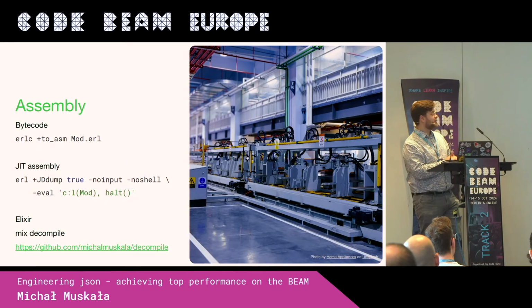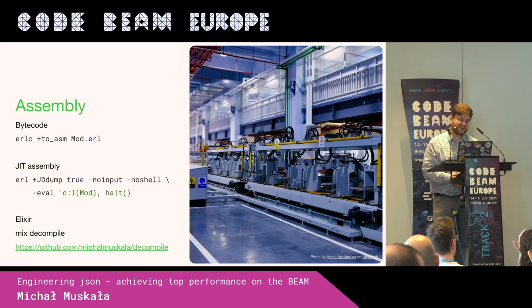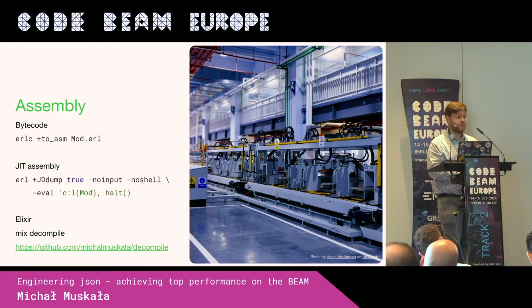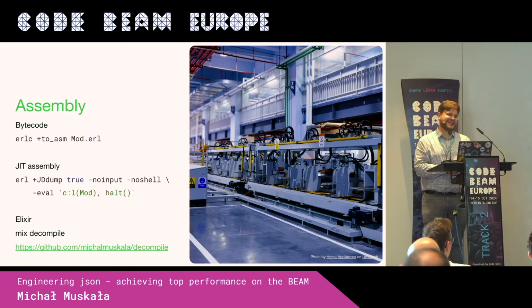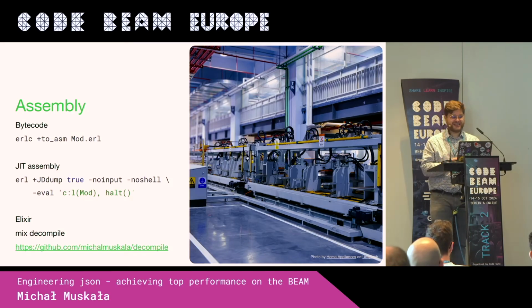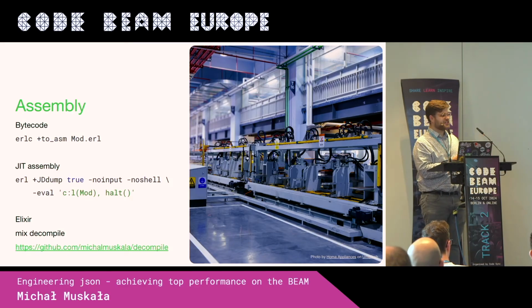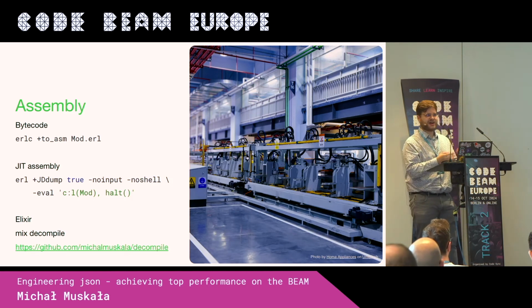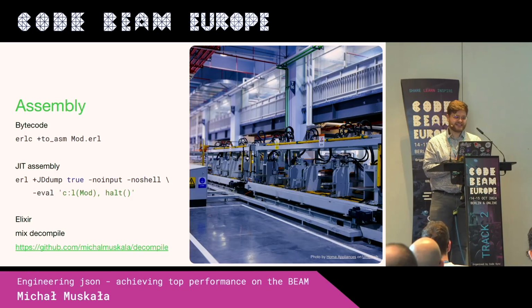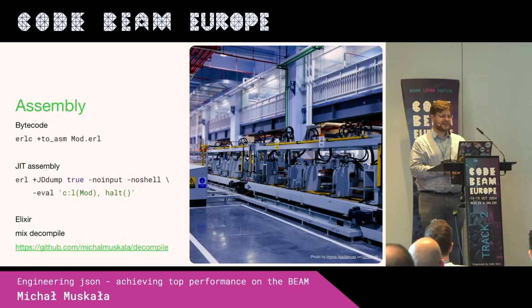But the last tool I've been using a lot, throughout this journey with all the libraries, is just staring at assembly and figuring out why is it that way? Wouldn't it be better if it was different, right? Initially I just had access to bytecode before we had JIT. Now with JIT, you can also get the actual assembly, whether it is ARM assembly or x86, and look at that.